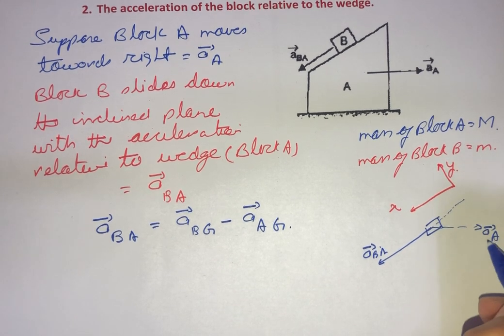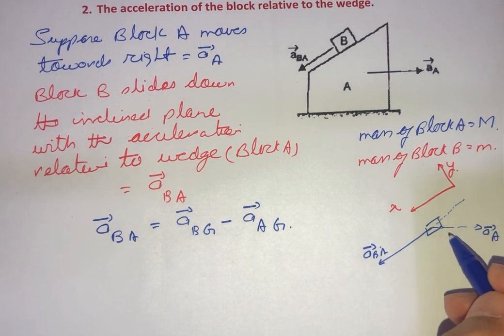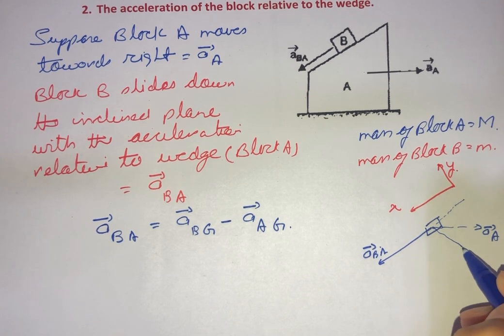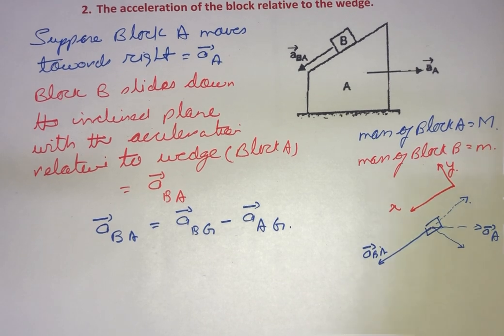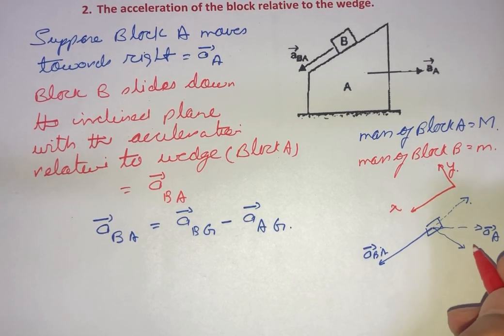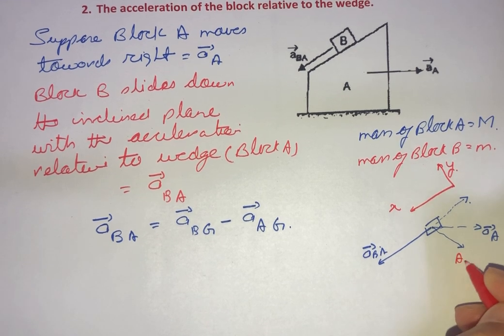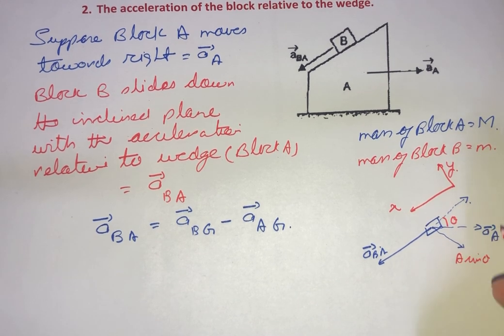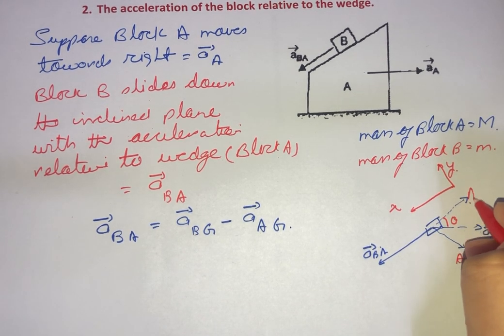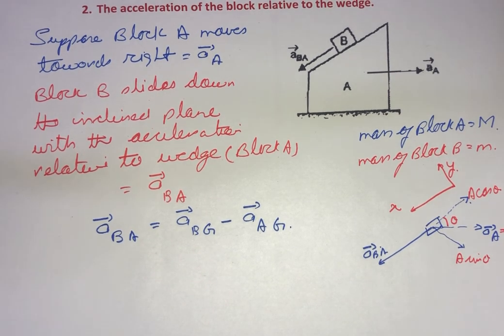So we can divide this into two components. One component will be A sin theta. Let us put theta as the angle, and the other will be A cos theta.